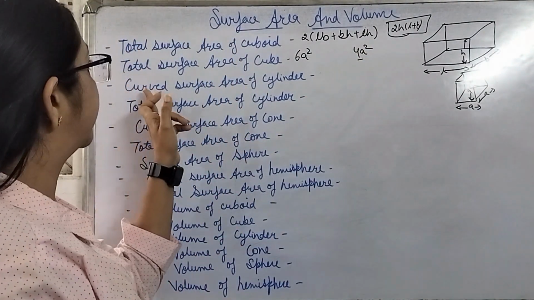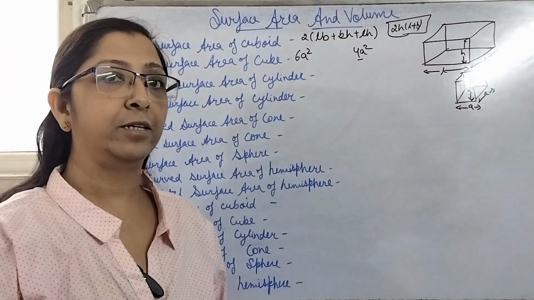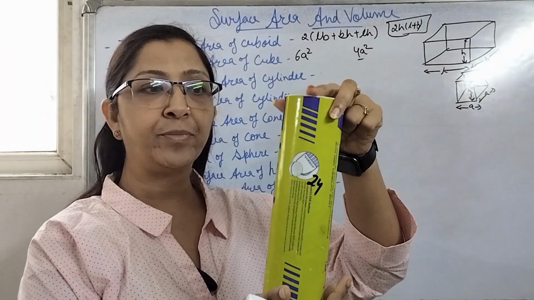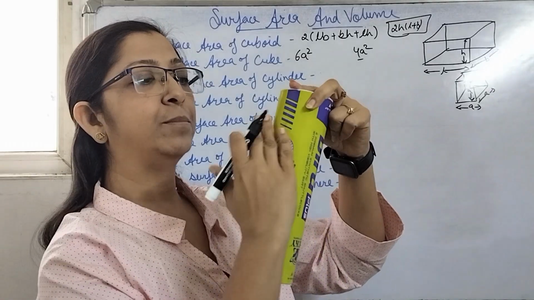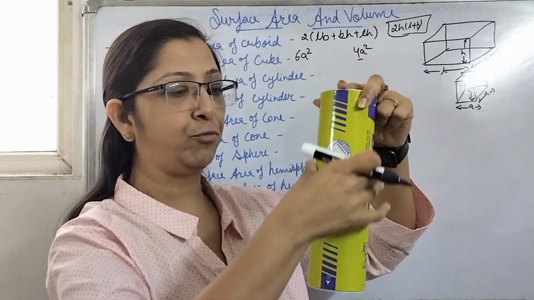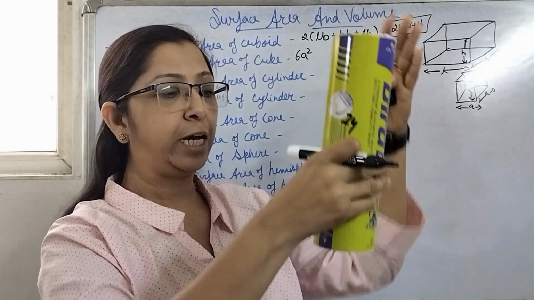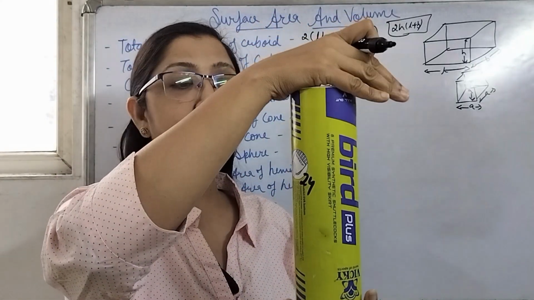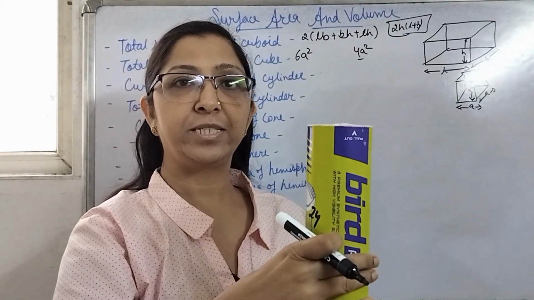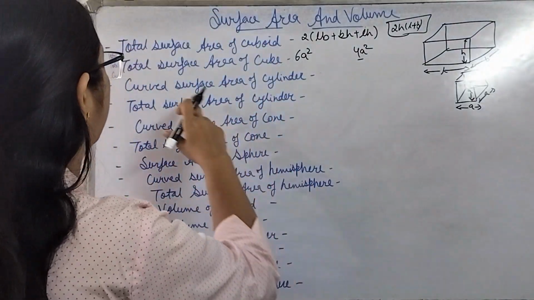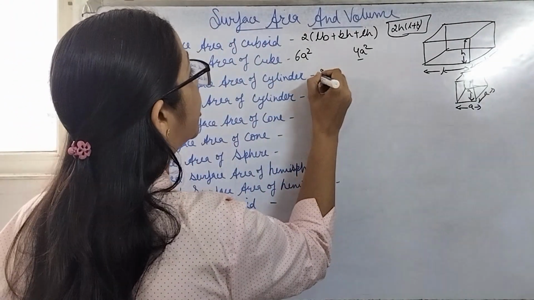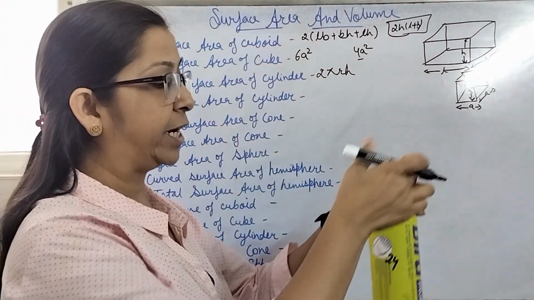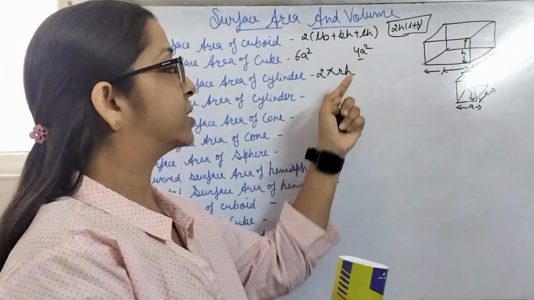Now the curved surface area of a cylinder. A cylinder looks like this. Curved surface area means we are considering only this part, not the upper and the lower portion. So the curved surface area of a cylinder is 2 pi r h, where h is the height of the cylinder and r is the radius.